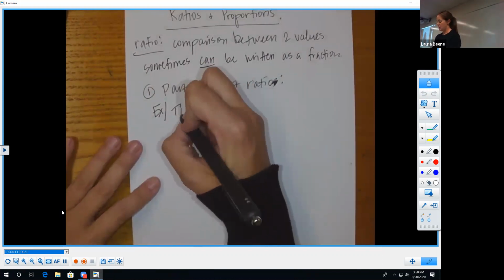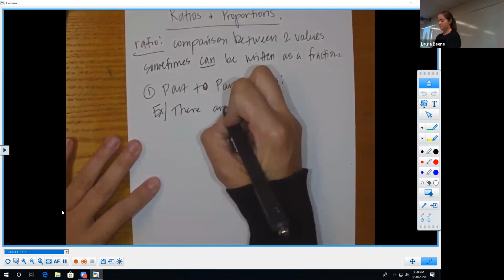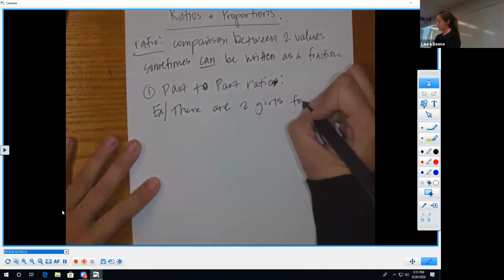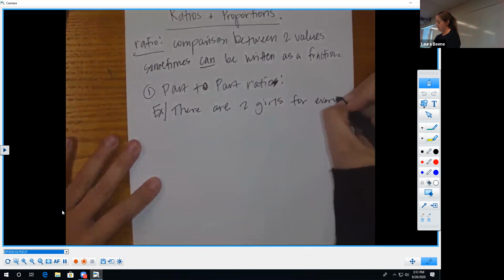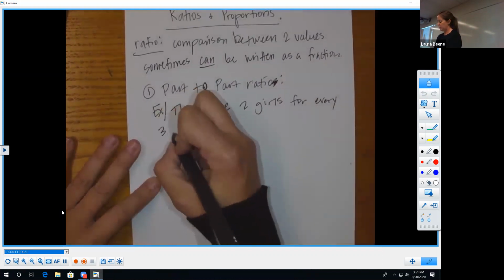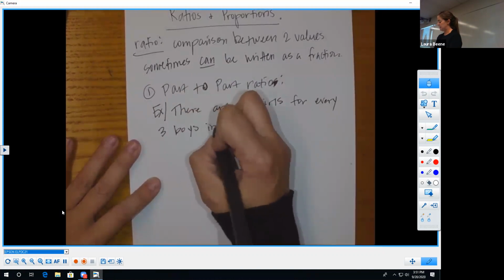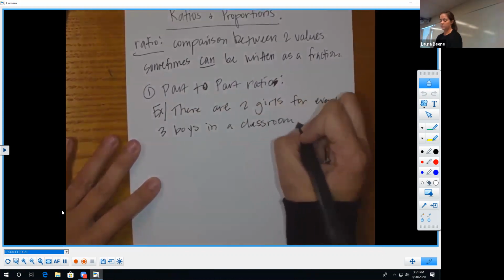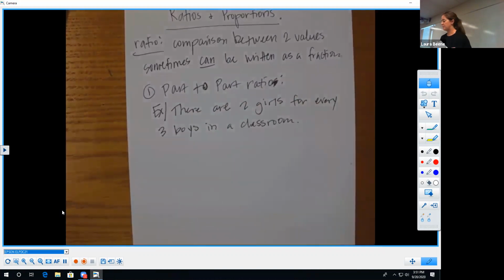So let's say there are 2 girls for every 3 boys in a classroom. Okay, that's an example of a part-to-part ratio because the girls are a part and the boys are a part.